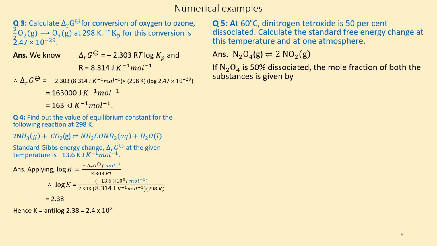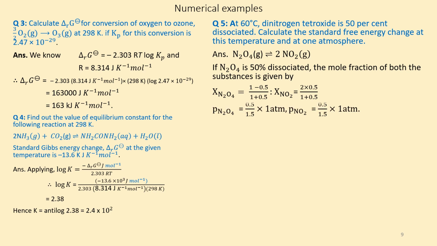If N2O4 is 50% dissociated, the mole fraction of both the substances is given by the relation X of N2O4 is equal to 1 minus 0.5 divided by 1 plus 0.5. Similarly, the X of NO2 is equal to 2 into 0.5 divided by 1 plus 0.5.